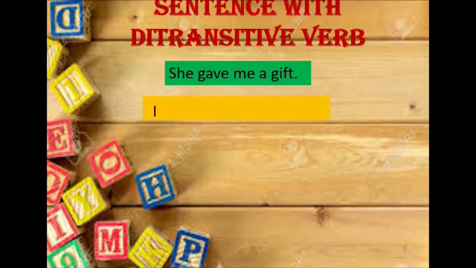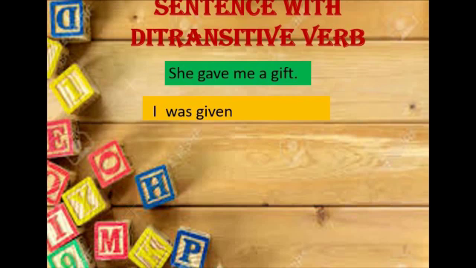This is active voice. First, I told you that we have to just bring the object to the subject's position. So, here we have two objects. We have to bring that object which is near the verb to the subject's position. And me is near the verb, so when it comes to the subject position, it will become I. Afterwards, we have to put auxiliary plus third form of verb.